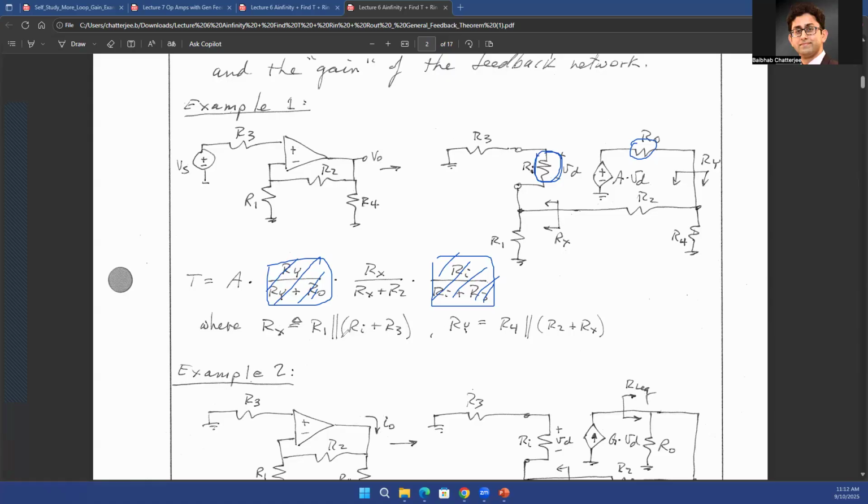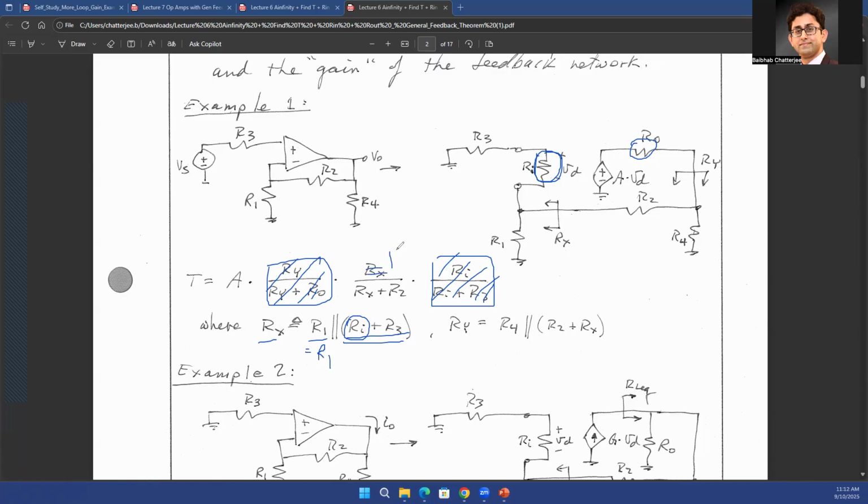Now what is Rx? Rx is R1 in parallel with Ri plus R3. Now you already know Ri is infinitely large. So putting anything in parallel to something that is infinitely large will mean that you just have the original quantity on the left side, which is R1. So Rx will become equal to R1.